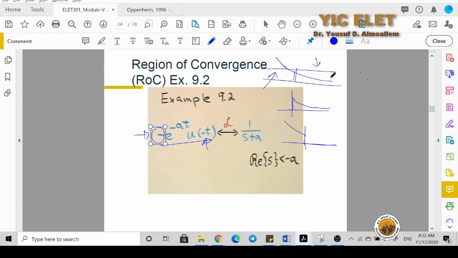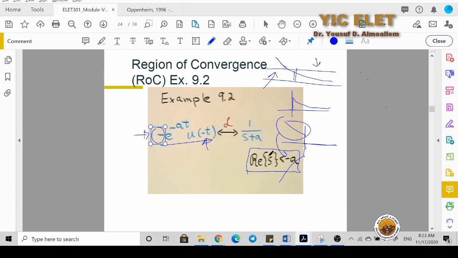So whether we are multiplying on the positive side or on the negative side, we did not multiply by a minus sign here. If we multiply by a minus sign, this will be flipped downside, so it will be somehow this shape. Even though this is increasingly going up, we could still find a region of convergence, because we multiply it by another exponential factor where the real part is negative.